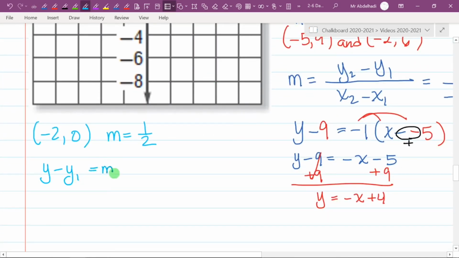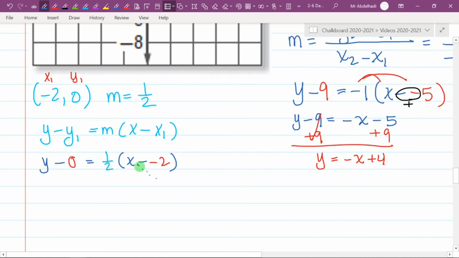Y minus y1 equals m times x minus x1. This is going to be your x1 and y1. And here we go. Y minus y1, which happens to be 0, equals m, which we said was 1/2, times x minus, and x1 is -2. So this becomes a double negative right here, so that's a positive.